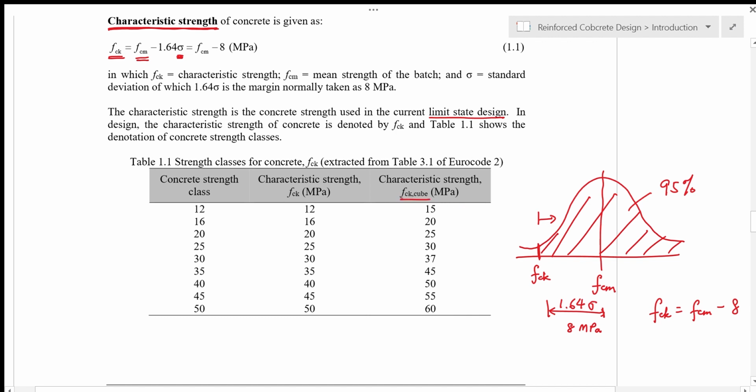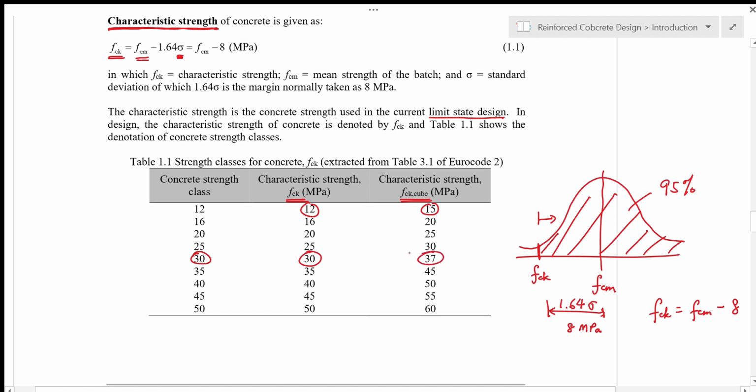Bear in mind that cube strength and cylinder strength have different values for the same class of concrete. The class of concrete follows the cylinder strength, and the cube strength is a higher value. For example, if the concrete strength class is 30, the cylinder strength is 30 megapascal, which is the FCK, but the cube strength will be 37 megapascal.